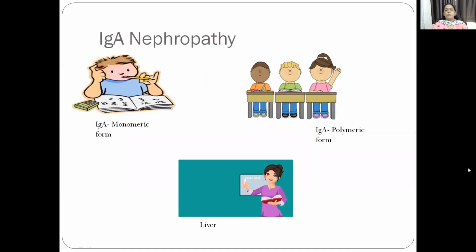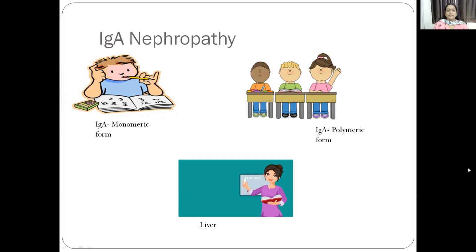So IgA nephropathy, I told you, is seen because of immunoglobulin A deposits which are getting deposited in the mesangium. Right? The age groups involved are usually children and young adults, but it can be seen in other age groups also.